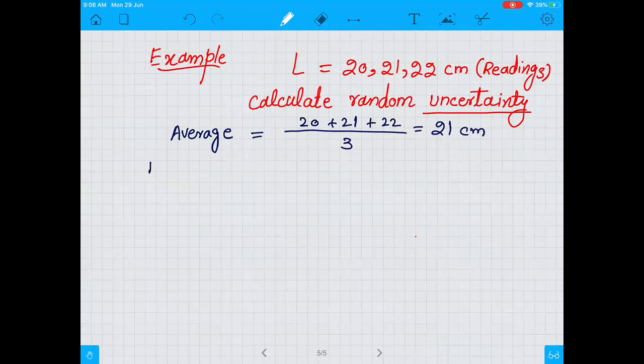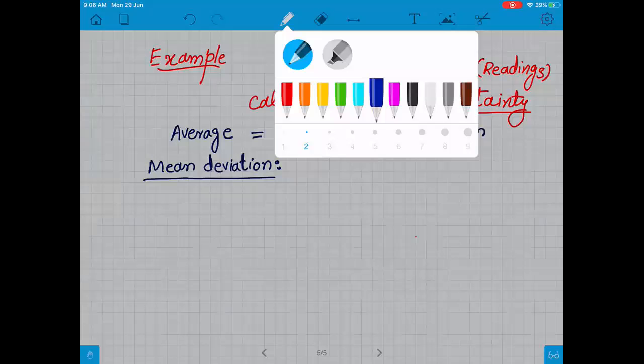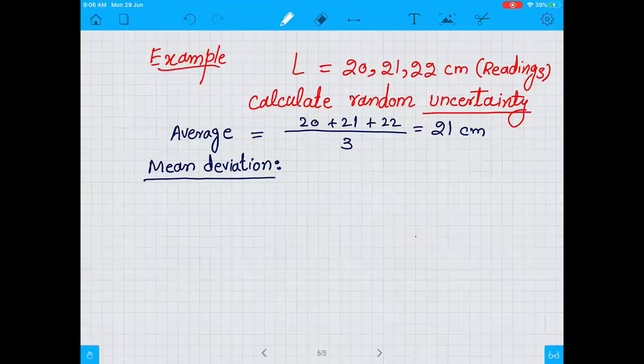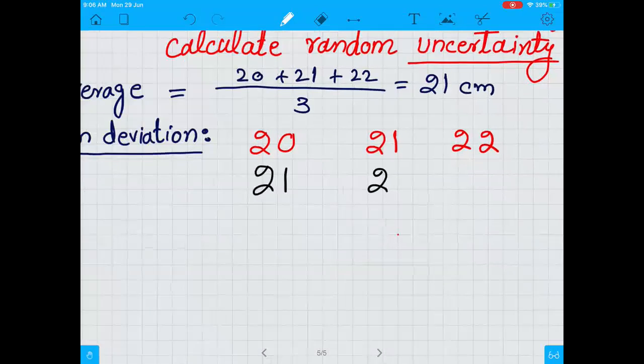Now you need to calculate the mean deviation. The mean or average deviation of the readings from the average would be, this is 20, 21, and this is 22. Now you see your average is 21.